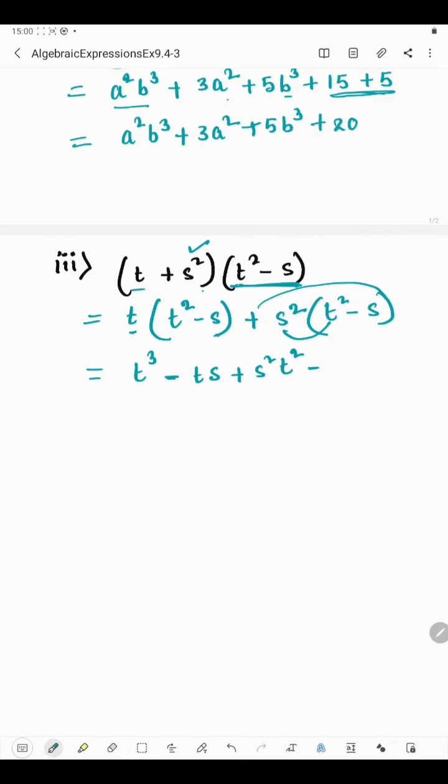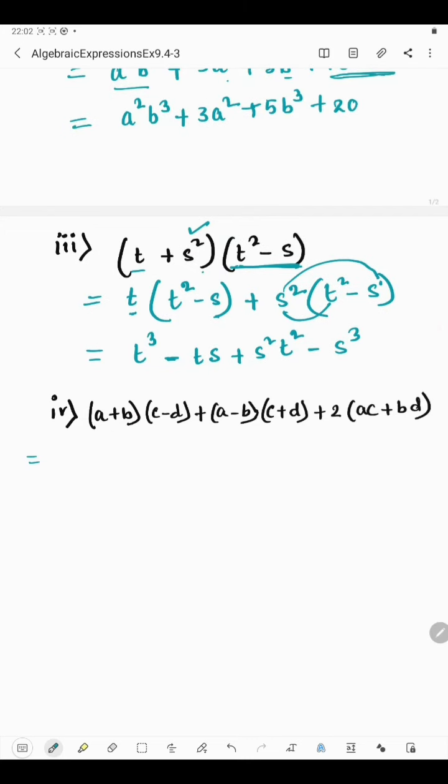If you multiply a square into s, we'll have s cube, because here is 2 and here is 1, so 2 plus 1 is 3. All these are unlike terms, so we cannot simplify further. So the answer of the third part will be t cube minus ts plus a²t² minus s cube. Okay, now coming to the fourth part.